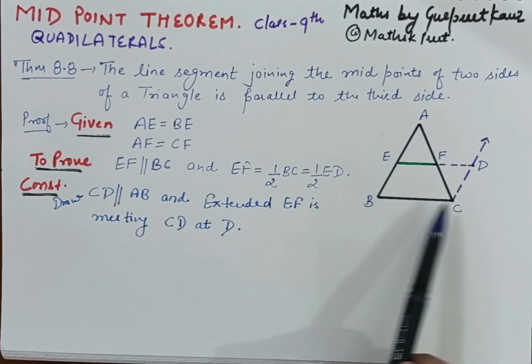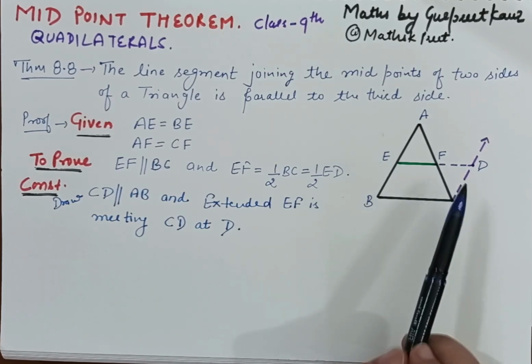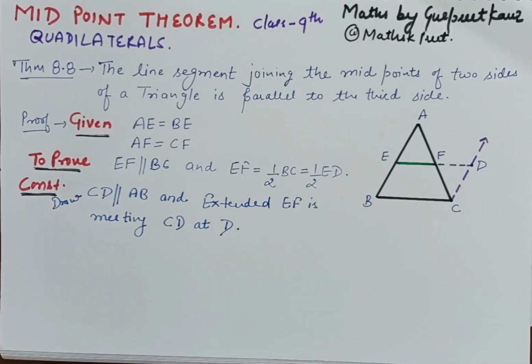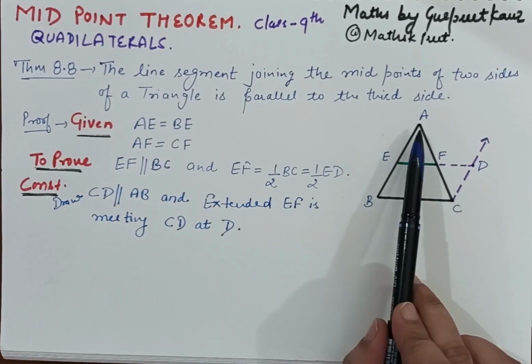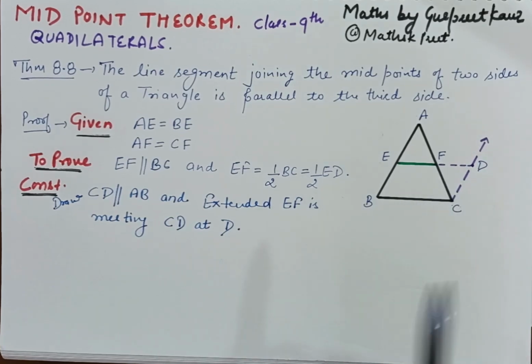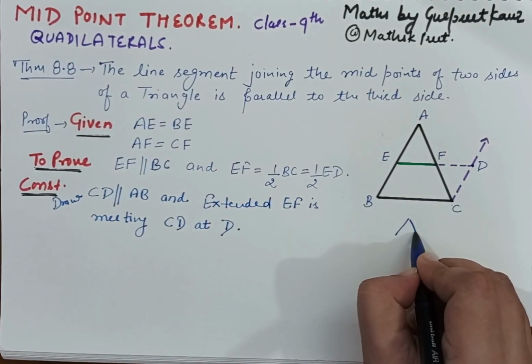When ED is parallel to BC, then we can write EF is parallel to BC. Let's see how we will show this is forming a parallelogram. For that we will take these two triangles AEF and CDF. These two triangles we will take to show them congruent.